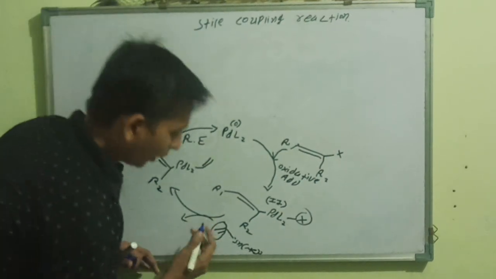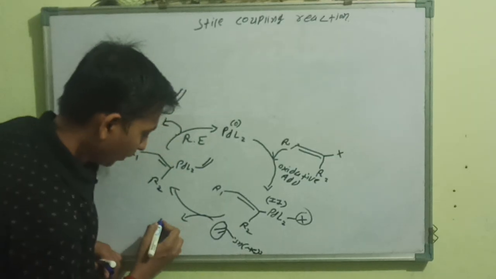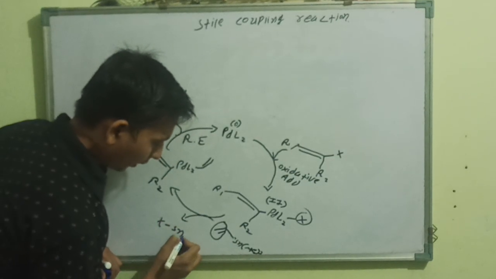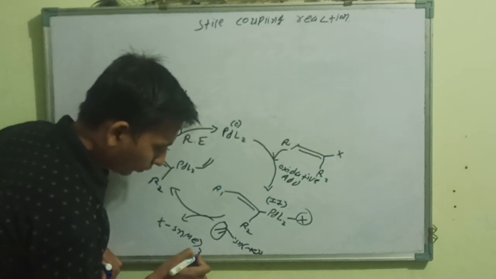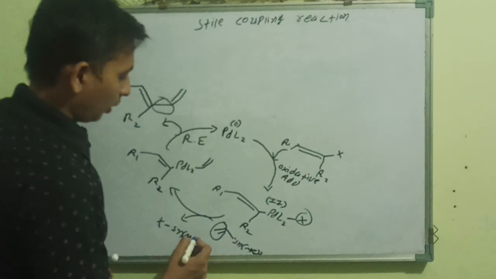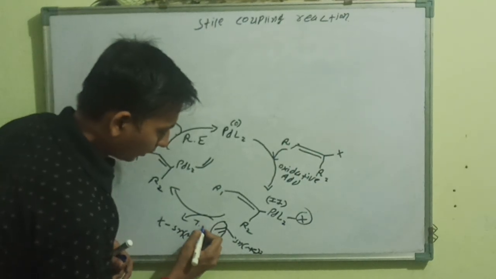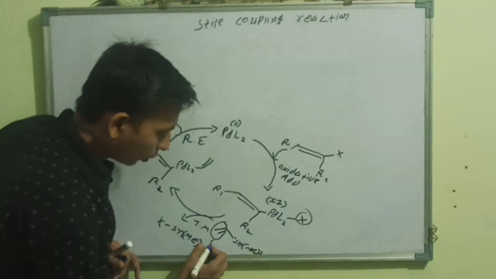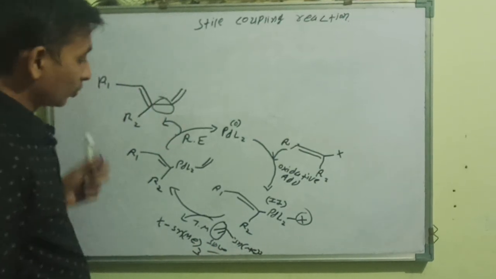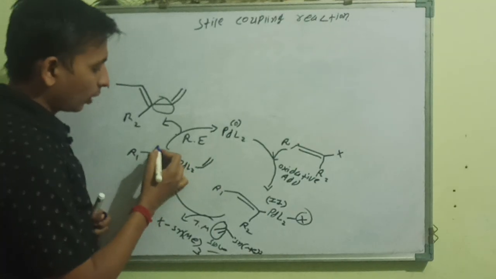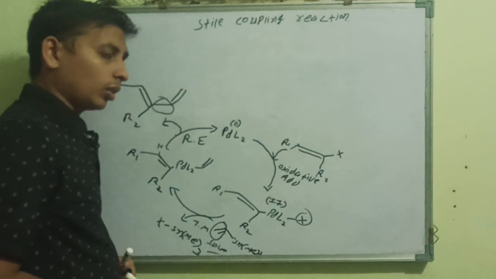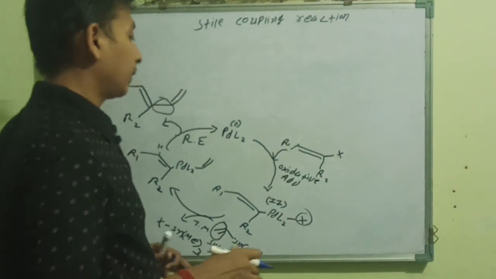Transmetallation is the slow step. Beta hydride elimination does not occur here, because the reductive elimination rate is higher than beta hydride elimination.